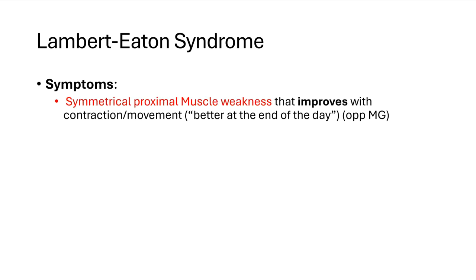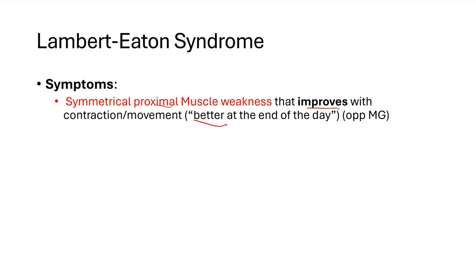Thus, this leads to weakness in some way, shape, or form. Now, the symptoms are going to be very opposite of MG. This will be symmetrical proximal muscle weakness that improves with contraction. Compared to MG, it's opposite. This is better at the end of the day. Why is that? Well, remember, not every single muscle fiber, every single presynaptic channel is going to be affected.